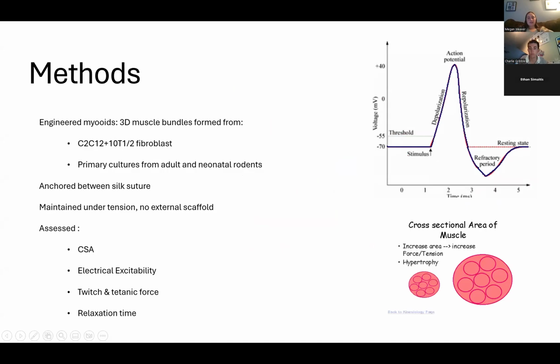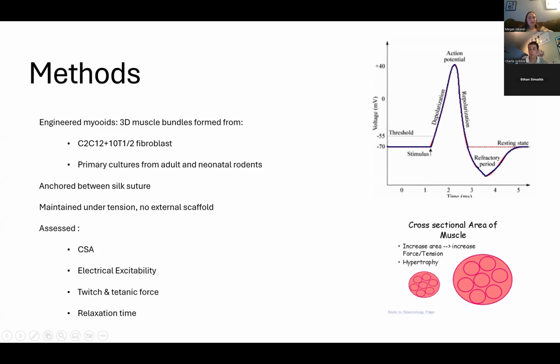In this study, the team engineered myodes, which are 3D muscle bellies created in the lab. They were formed from either C2C12 myoblasts co-cultured with 10T1/2 fibroblasts, or from primary muscle cells cultured from adult or neonatal rodents. Instead of using a traditional scaffold, the cells were anchored between silk sutures and allowed to self-assemble and mature under tension.